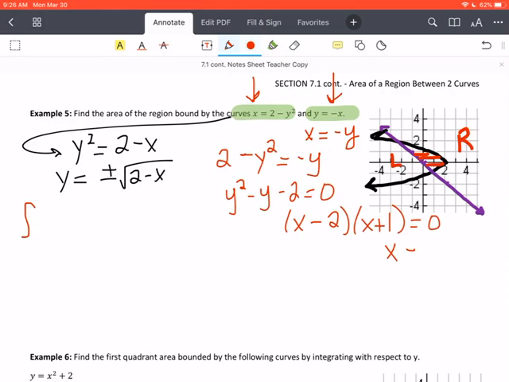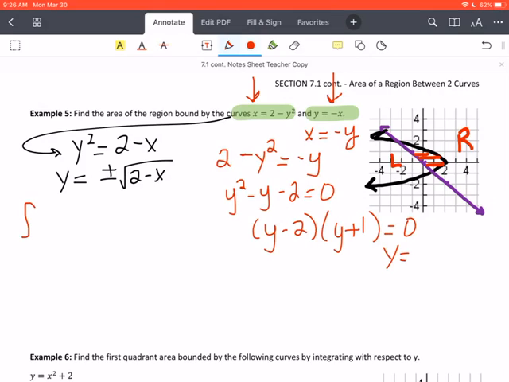It's going to be the same numbers, but I want to keep consistency. So then y equals 2, and y equals -1.